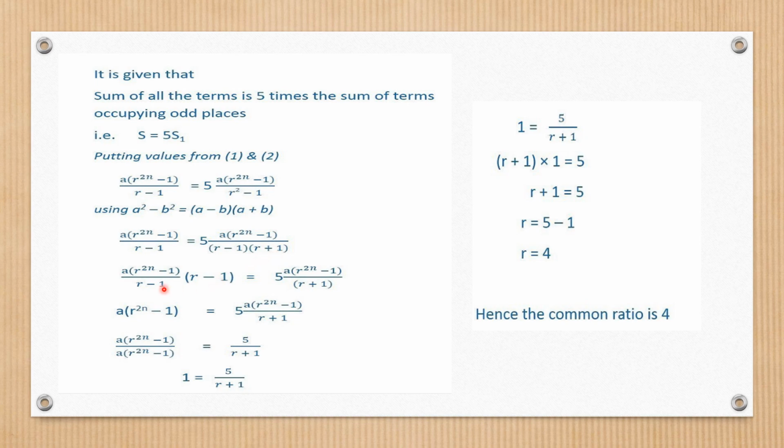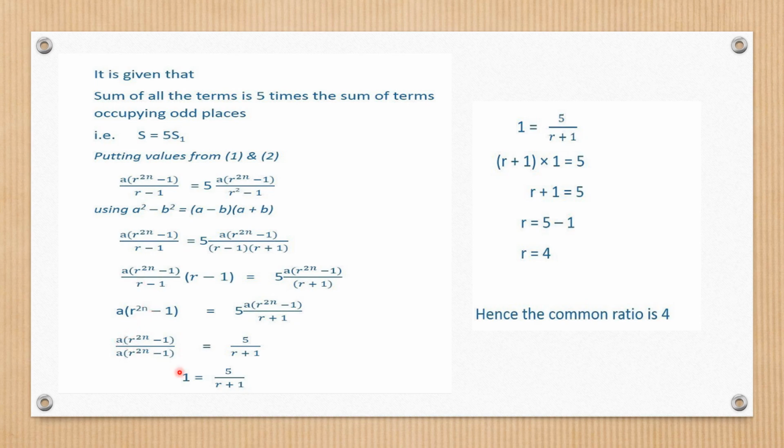You can bring this r minus 1 to the other side, or you can just directly cancel it from here. Also, you see that the r to the power 2n minus 1 terms are getting cancelled. This a is also getting cancelled. So you cancel it in any way.